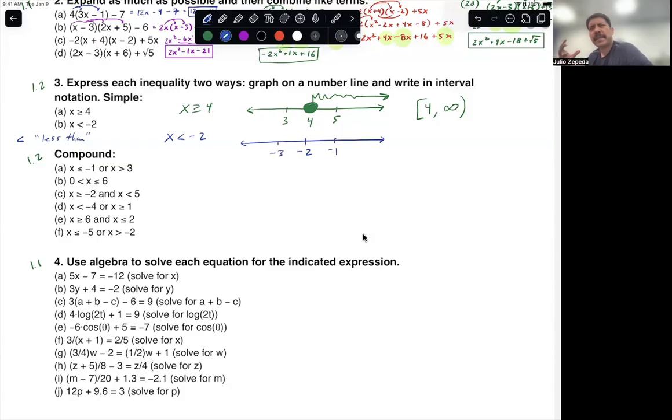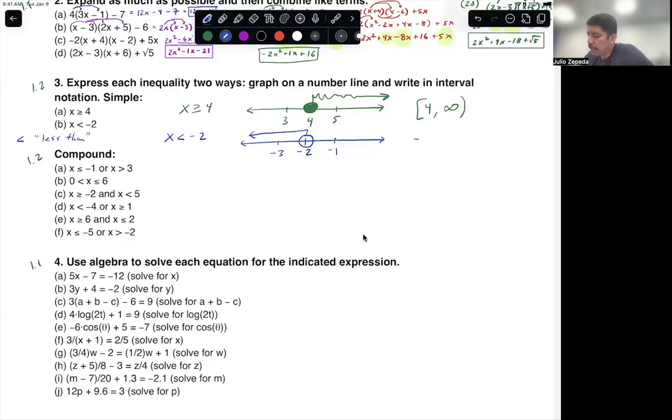And so to show that the solution set includes all numbers that are less than -2, but not including -2, just the numbers that are less than -2, we put an open circle or an unshaded circle and then shade to the left. Less than is to the left, and that is our graph. And so the interval notation here, well, we can see that the interval goes to -infinity or goes forever to the left.